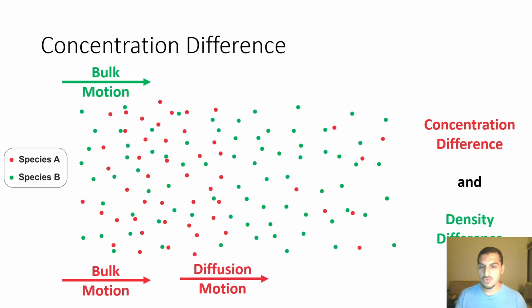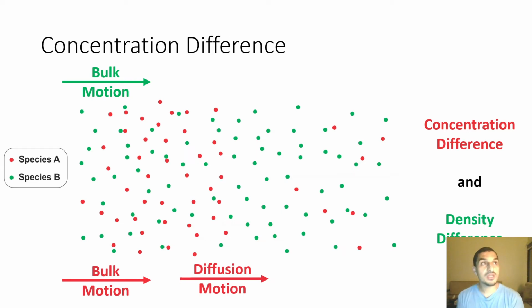So the motion will take place for the whole mixture, which as a whole has a density different from the other side. That's why this bulk motion is not only affecting species A, it's affecting species A and species B. That's why I'm putting this in green and red for both of them, and I'm putting the diffusion motion only in red, to tell you that this is only affecting the red species or red dots, which represent species A. So this is what happens.